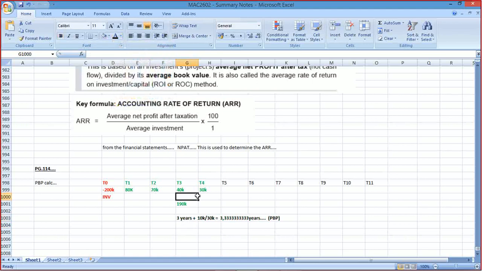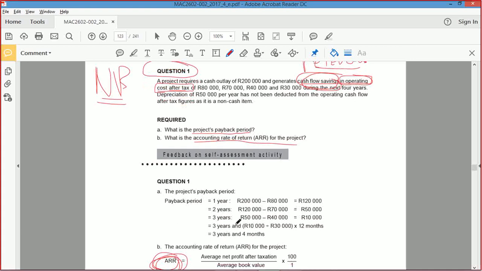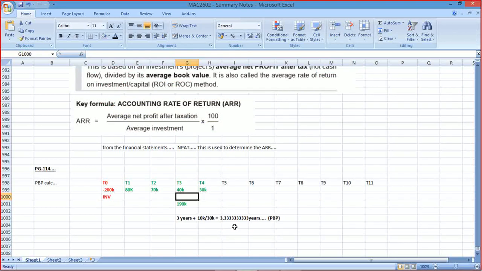Makes sense? Yes. Right, what did they get here? 3 years and 4 months? Yeah, that's the same thing as 3.33 years.